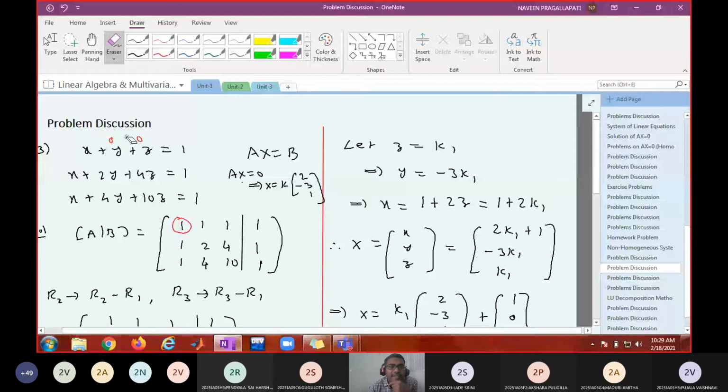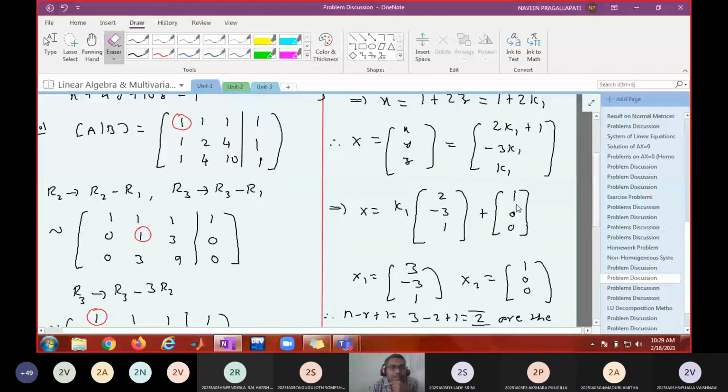A particular solution of Ax equal to b. Therefore, is it not complementary function plus particular solution?